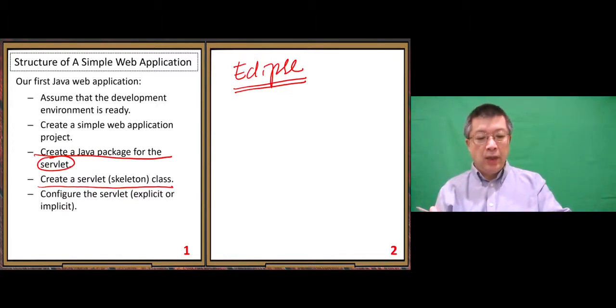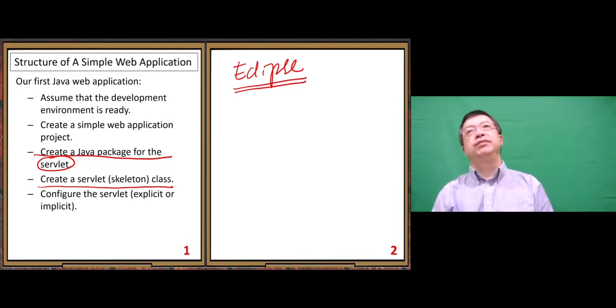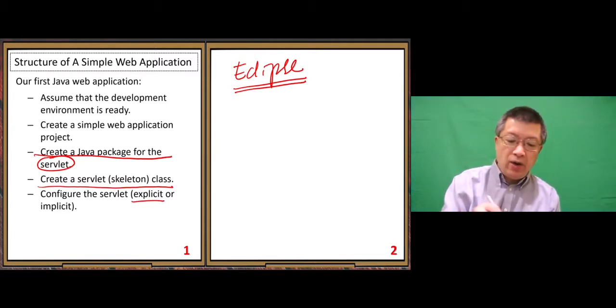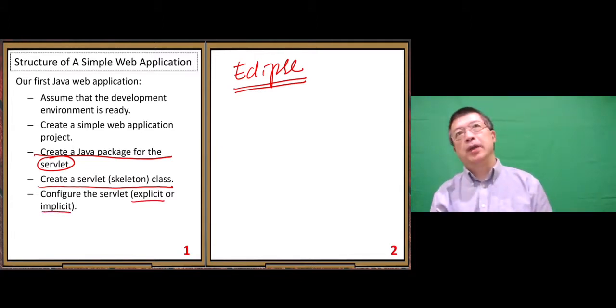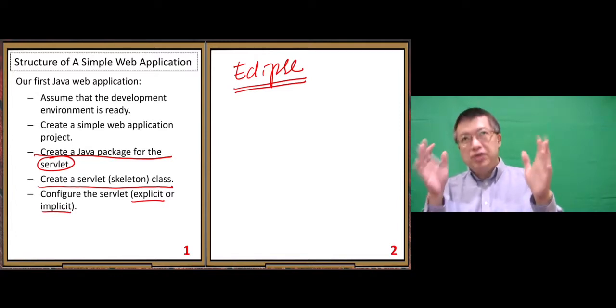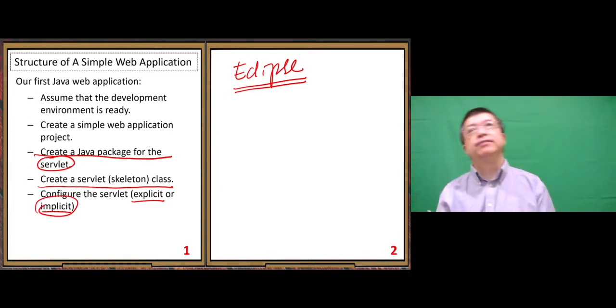After that, we need to configure the servlet. To configure it, there are 2 ways: explicit way or implicit way. Because we want to do the simplest way, the implicit way is the simplest.